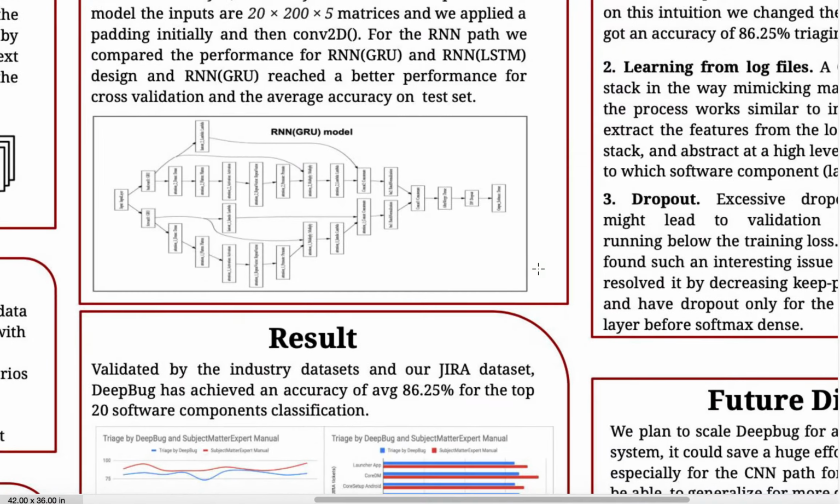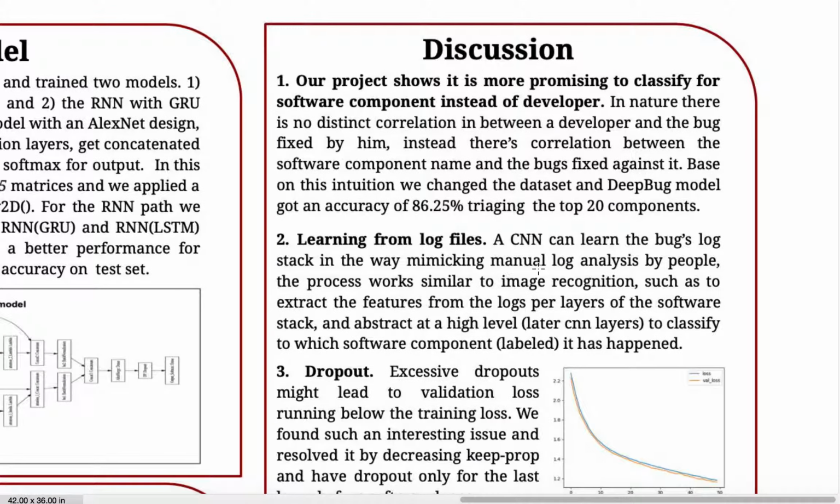Some discussions here. From our project, we believe that it is more promising to classify for software component instead of developer. There is a lot of related work in industry and research which takes the developer as the target for classification.